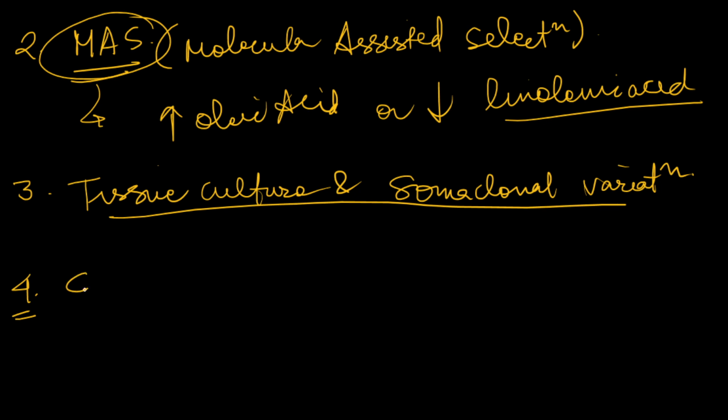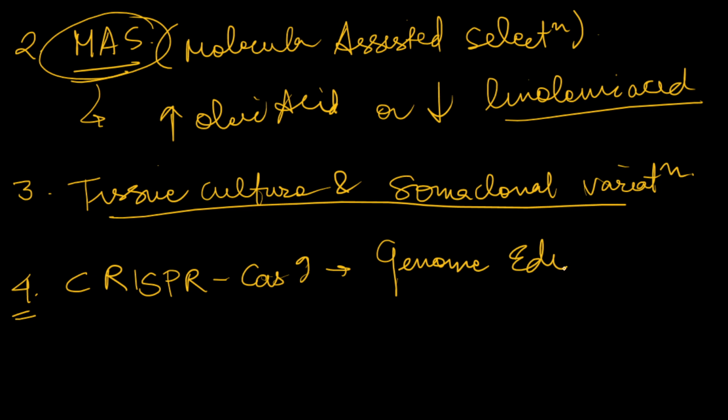We can use CRISPR Cas9 technology, that is used in genome editing. Here we can do precise editing of genes involved in fatty acid metabolism to enhance yield quantity and tailor composition. We can enhance the composition.